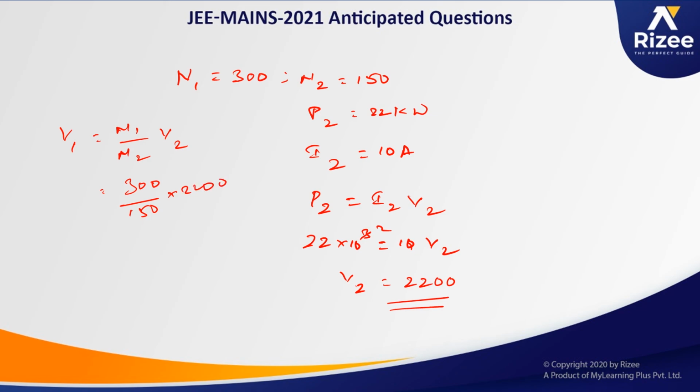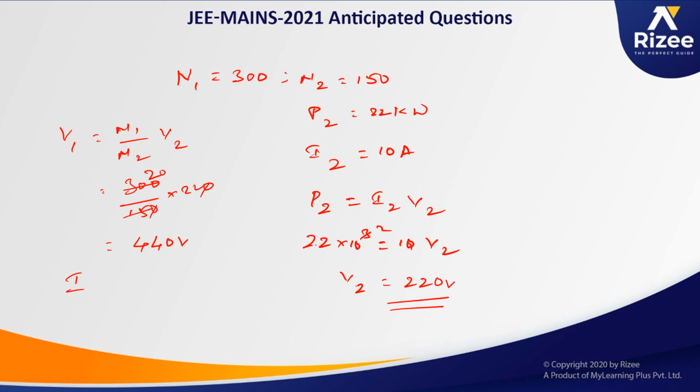Here I have made a mistake: this is actually 2.2, so it should be 220 volts, and here also it should be 220 volts. On solving this, V1 comes to 440 volts.